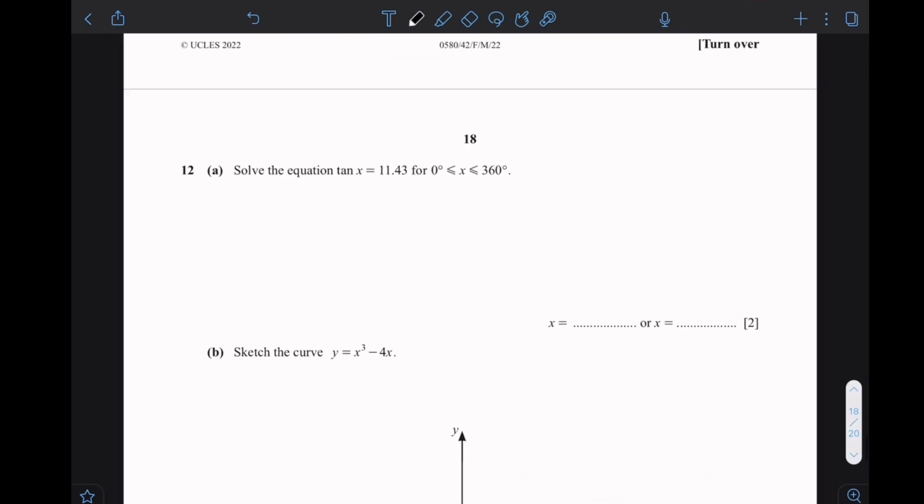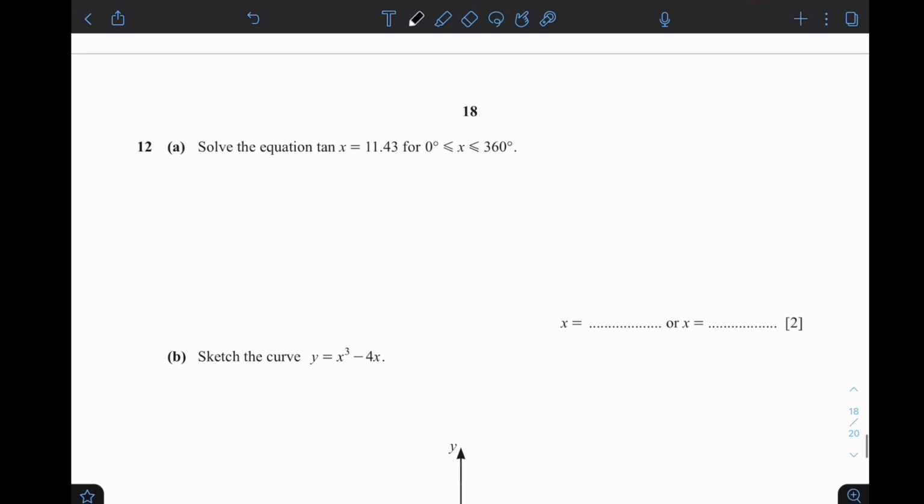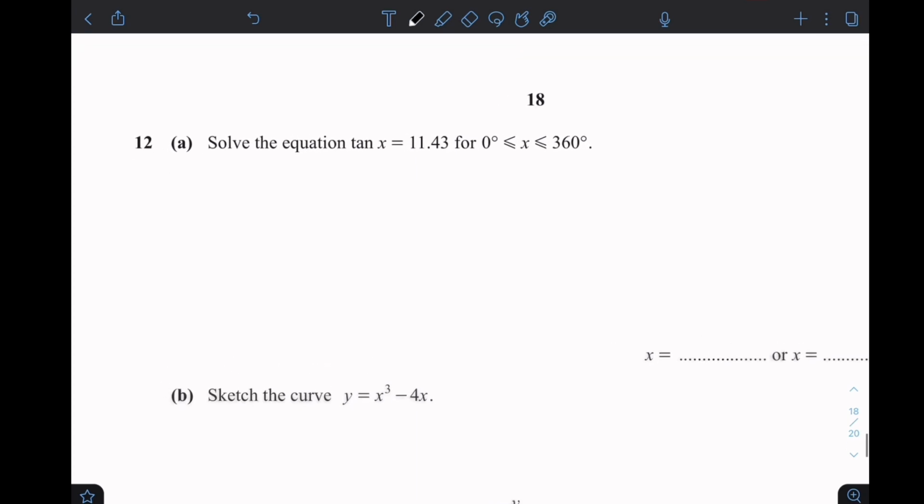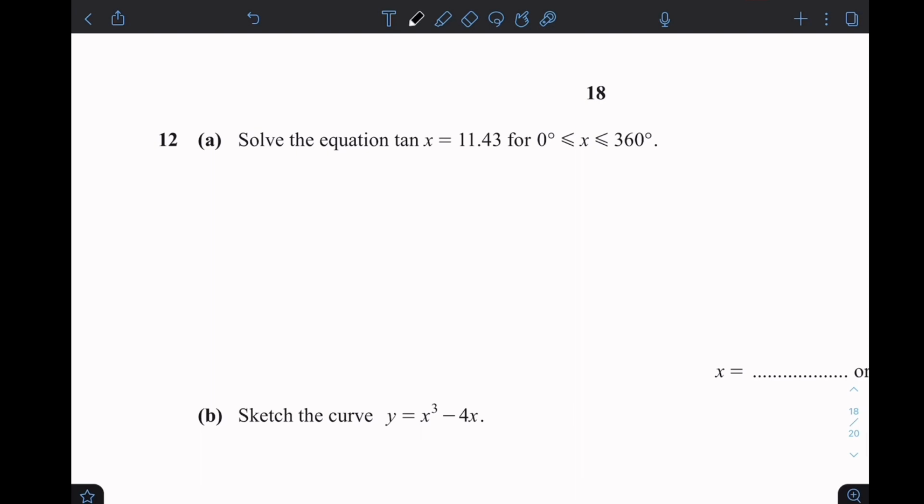Now it says solve the equation tan x is equal to 11.43 for 0 degrees less than or equal to x. First we can figure out the value of x, which is tan inverse of 11.43, which is 84.99 degrees.